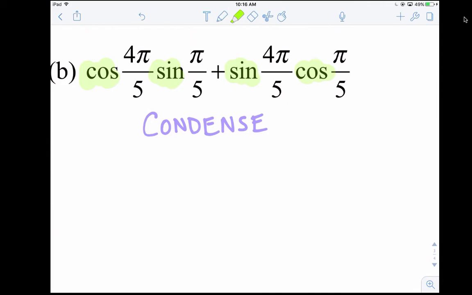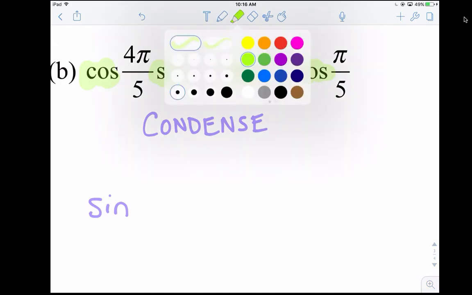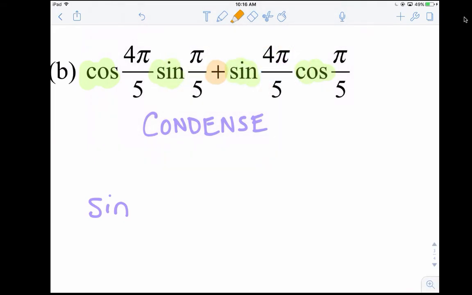If you figure out the function, it's a lot easier to then figure out what you have to do next. Now for the sine formula, if you are adding the two products together, like this one is, that tells me that you have to add the two angles together. So the first angle would be 4 pi over 5, and the second one is pi over 5.